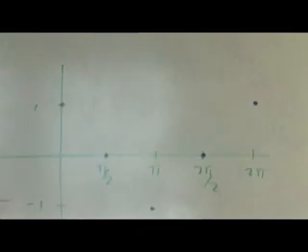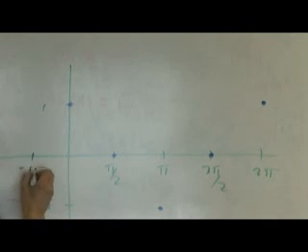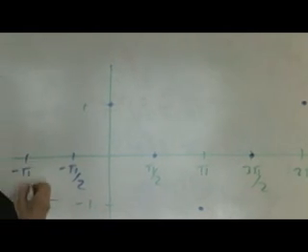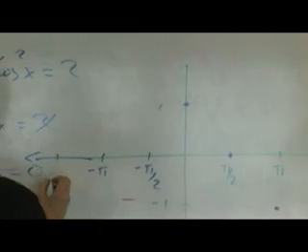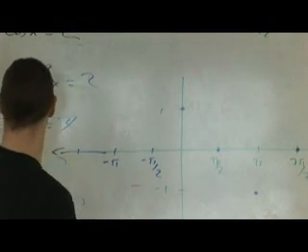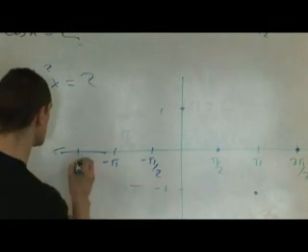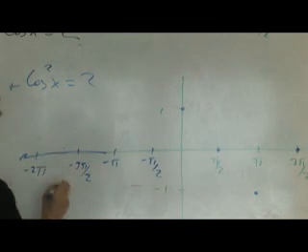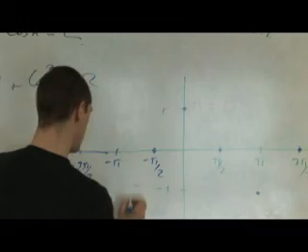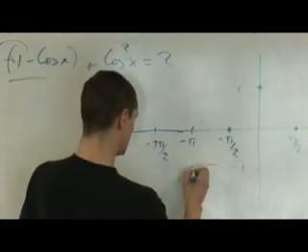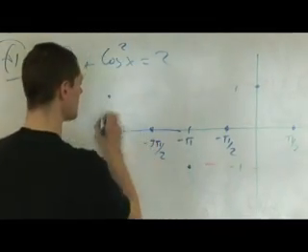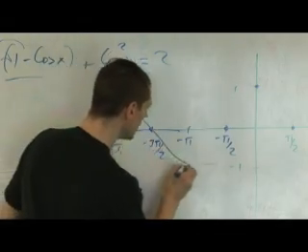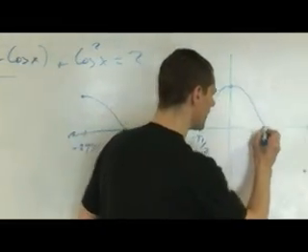And let's put some more back here: negative pi over 2, negative pi, negative 3 pi over 2, and finally, negative 2 pi. I'm running out of room here. This is negative, this is 0, this is positive. So here's my best drawing of this.